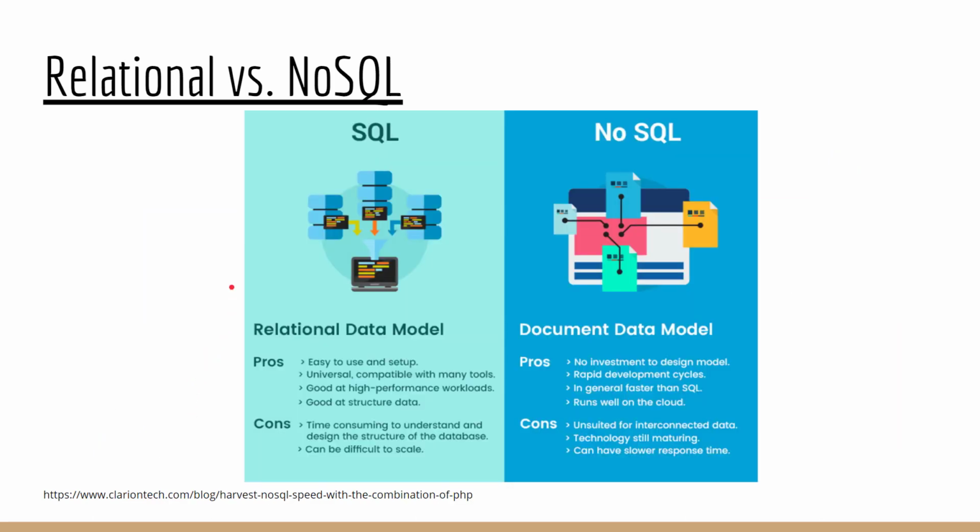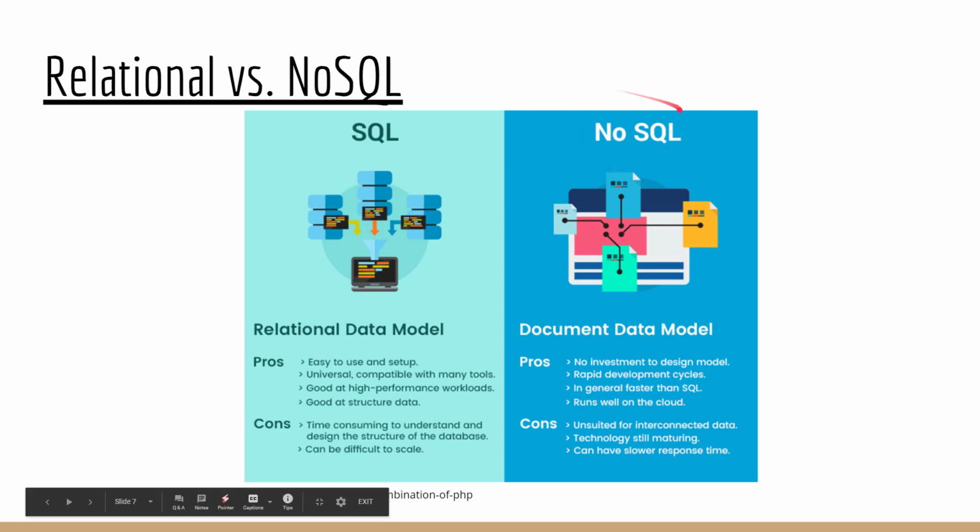In this graph, we can see the pros and cons of relational and NoSQL databases. Relational databases are easy to use and set up, universal, compatible with many tools. And also they are good at structured data. And cons, they are time consuming to understand and design and can be difficult to scale.